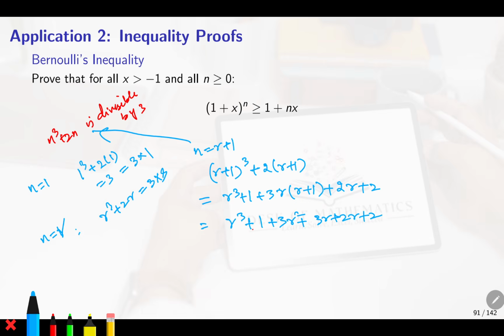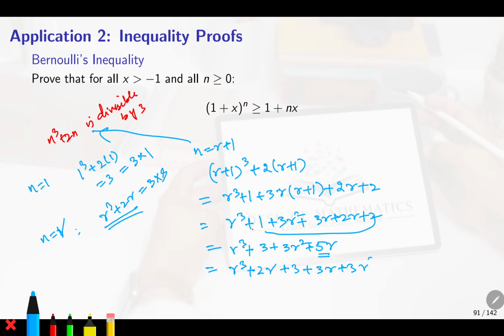Okay, so actually the result that is in hand is r cube plus 2r. So you can write it as r cube plus 2r, bring here the 2r, plus 3r square plus 3r plus 3. This part, you know, is actually 3 times some number s.